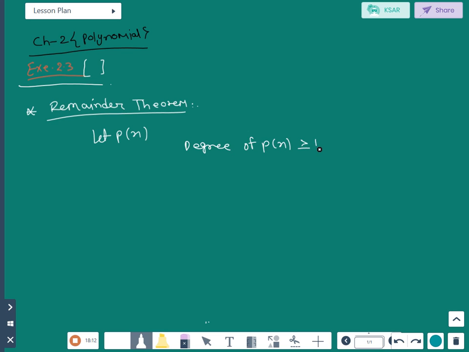If p of x is divided by a linear polynomial x minus a, then the remainder is p of a. Okay, so here p of x is a polynomial given and it is divided by x minus a. Students, p of x किससे divisible है, x minus a, then p of a is its remainder.